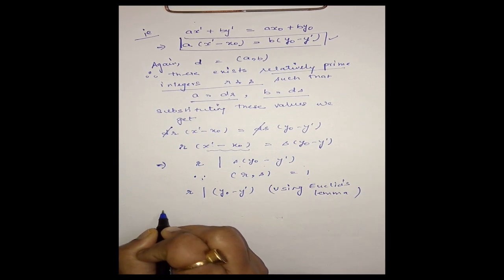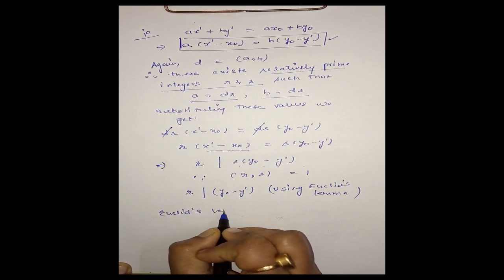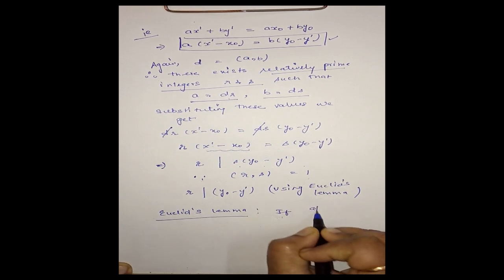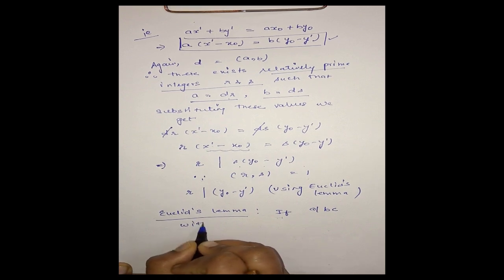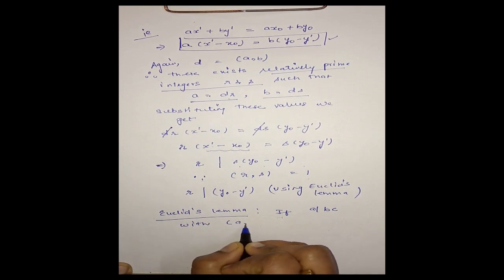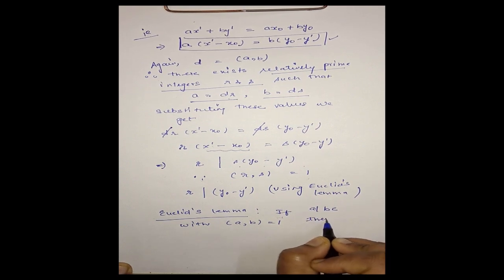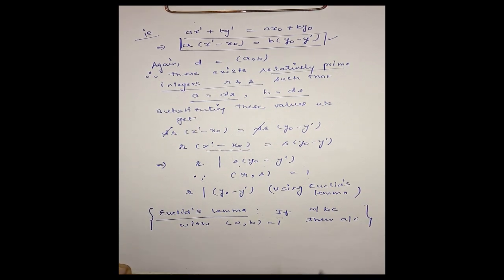Euclid's lemma is, now I write this statement. If a divides b into c and GCD of a and b is 1, that means a and b are relatively prime, then a will divide c. This is Euclid's lemma. Okay, then a divides c.